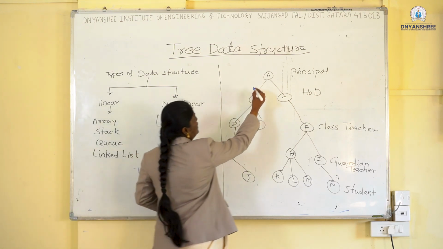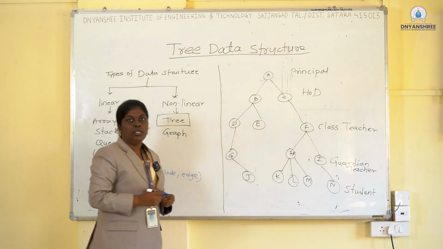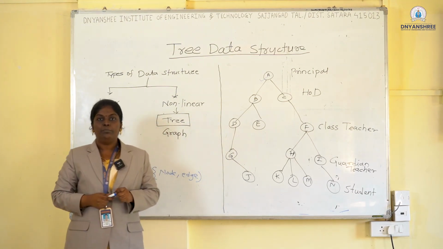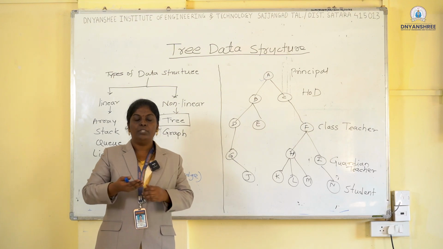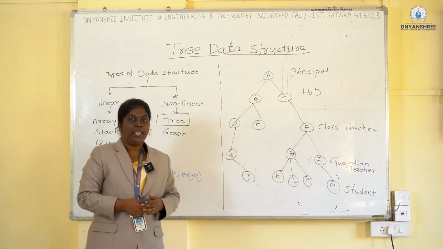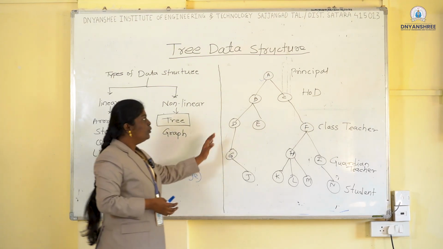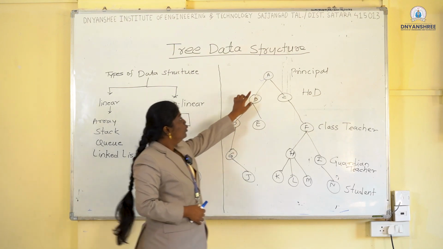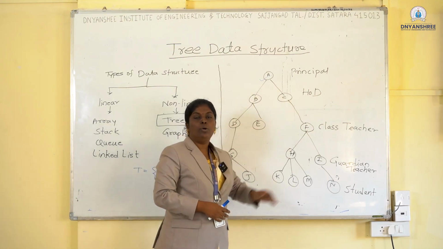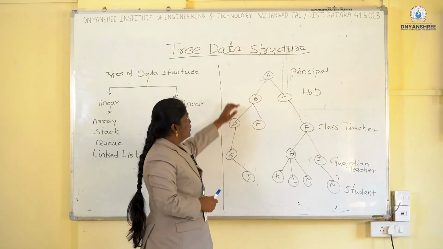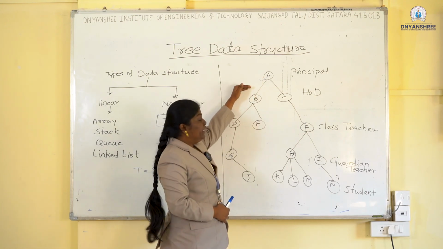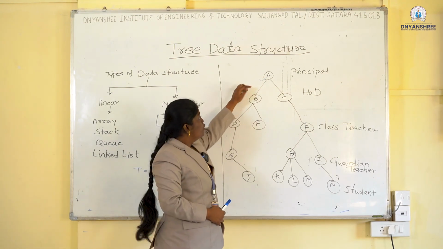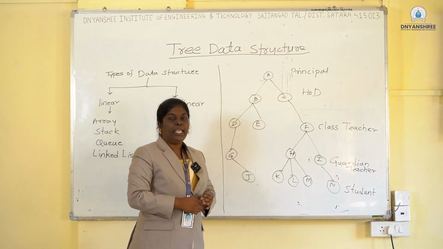So here you can see this is a particular node, right? Just like a real-life tree, which is rooted in the ground and flourishes in the air, exactly upside down is what we are doing here. A node holds the data and we can traverse from one node to a second node in a downward manner. This is called an edge.